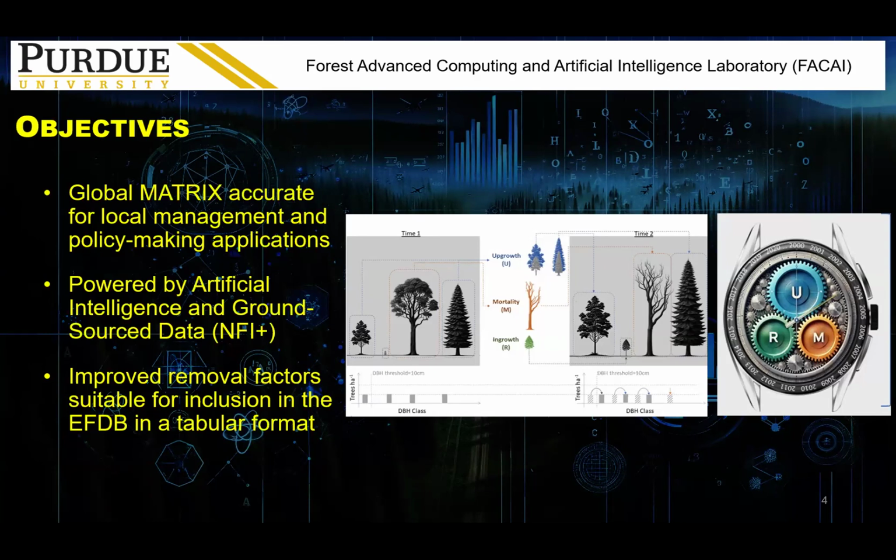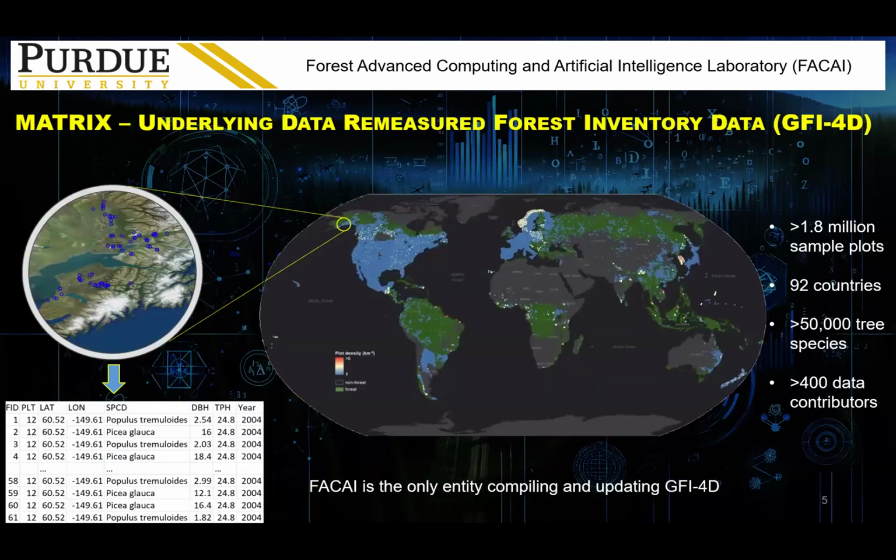But if NFI data is not available, we are using some other ground sourced data from private sources or from institutes that collected such data in addition to NFI. And we also aim to improve the removal factors suitable for inclusion in the EFDB tabular format. So this is the objective for our study.